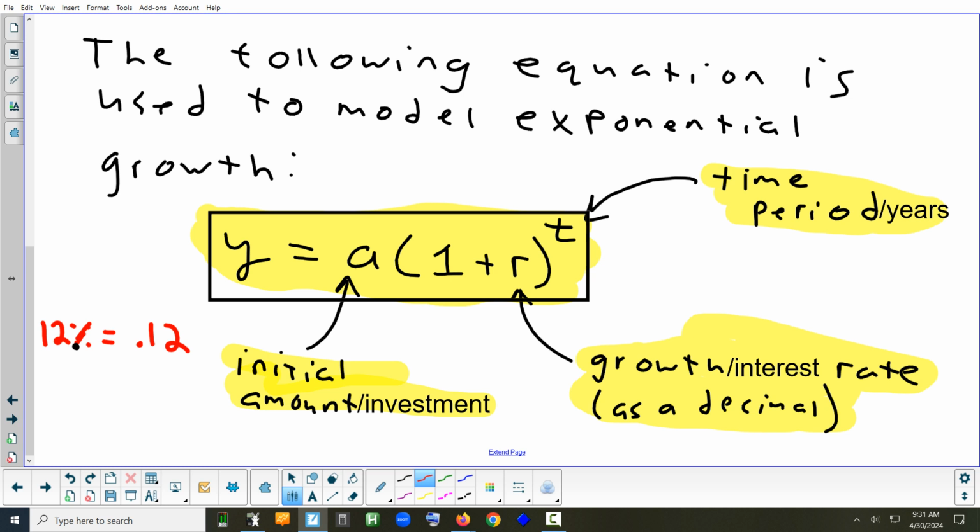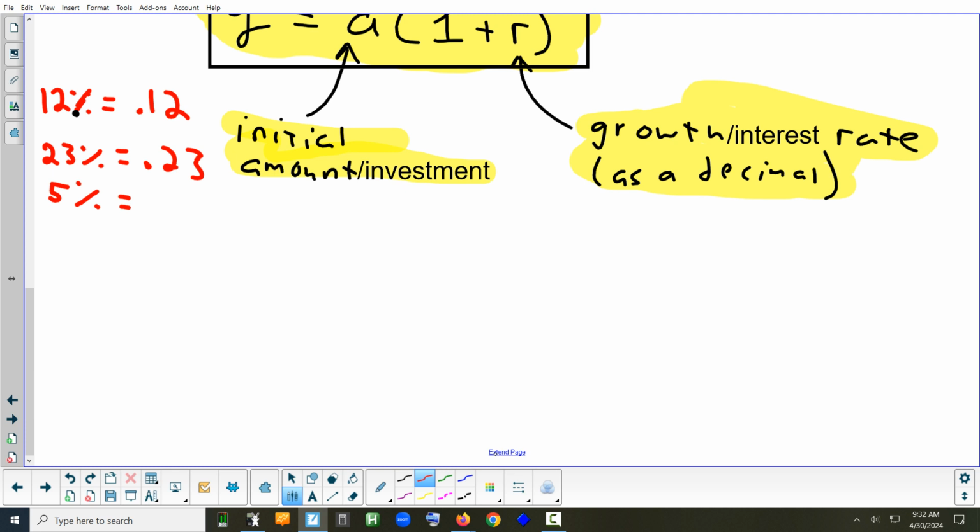So what if you had something like 23%? You divide by 100 and get 0.23. What if you had something like 5%? You divide by 100 again, and you get 0.05. Yep.